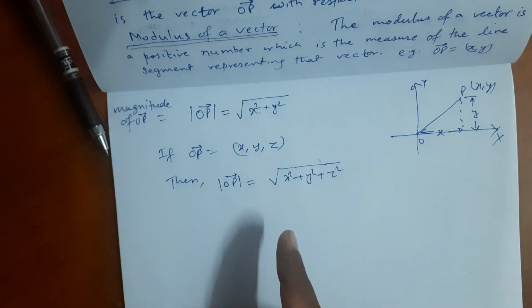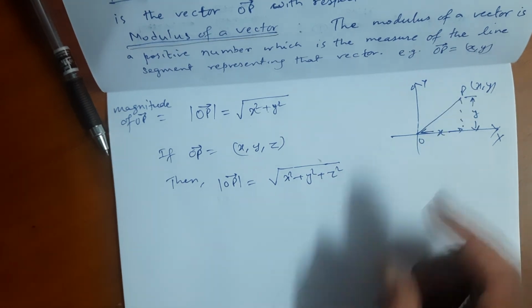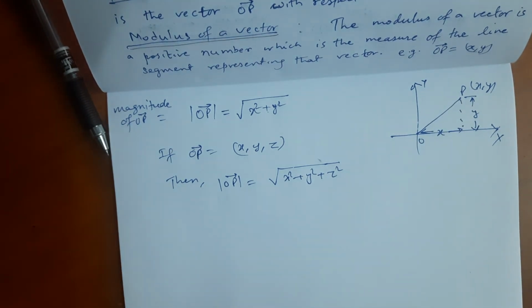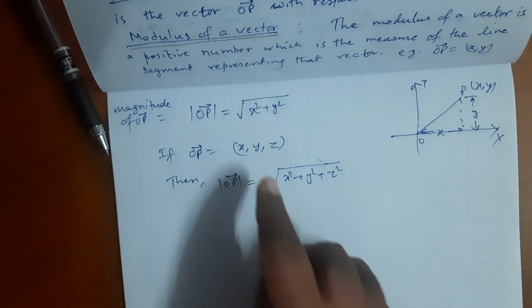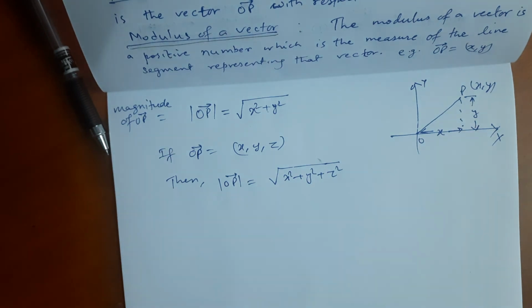As it is the length, it is always a positive quantity. It resembles the distance formula also: if the x component is x2 minus x1, then the magnitude is the square root of (x2 minus x1) whole square plus (y2 minus y1) whole square.